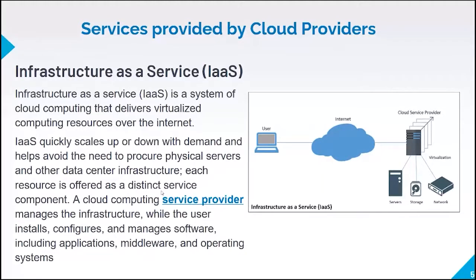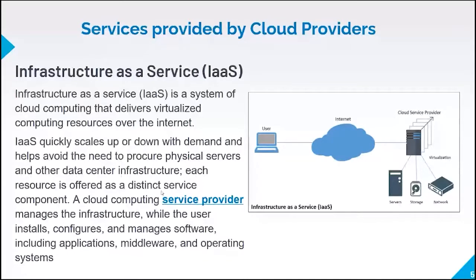As per the definition, infrastructure as a service is a system of cloud computing that delivers virtualized computing resources over the internet. In short form, we call it IaaS. IaaS quickly scales up and down with demand and helps avoid the need to procure physical servers and other data center infrastructure. Now, what does that mean?